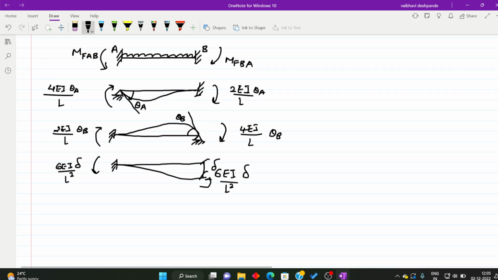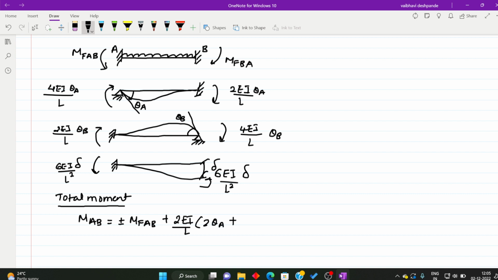Now the slope deflection equations, the total moment values to find the moments. First is MAB equal to plus or minus MFAB plus 2EI by L (2 theta A plus theta B minus 3 delta by L). Okay, I have added these terms and simplified.